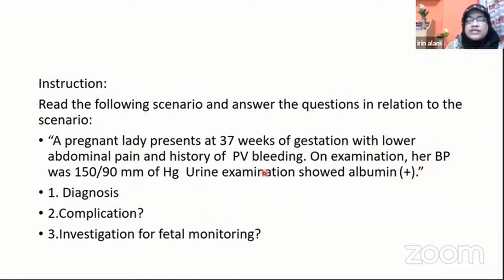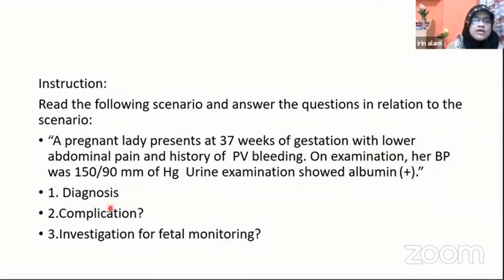Abdominal pain, and I have told up to this, if there is no PV bleeding, then you should write what I said previously. But 37 weeks pregnancy, abdominal pain, history of PV bleeding, and blood pressure is raised, urine shows 1+ albumin. So diagnosis will be abruptio placenta in this case.